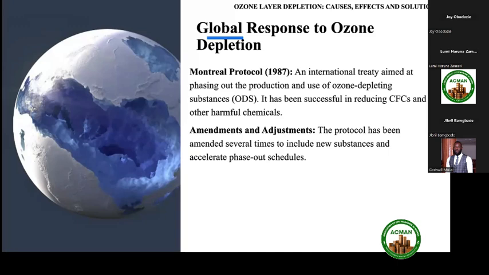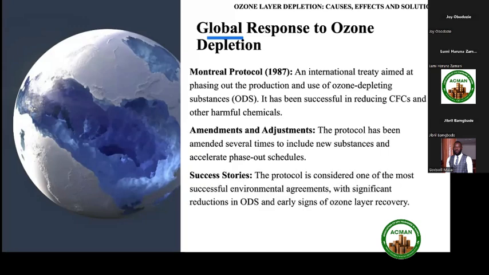So the amendments that have been brought up severally have been adding more and more substances to the ozone-depleting substances beyond CFC: the halogens, the methyl bromides, and others. And this protocol has had a success story over the years, because most industries no longer produce substances, equipment, or materials that require CFCs or halogens to function.